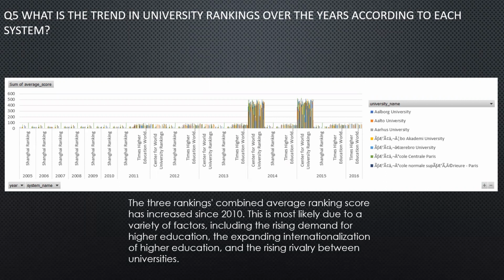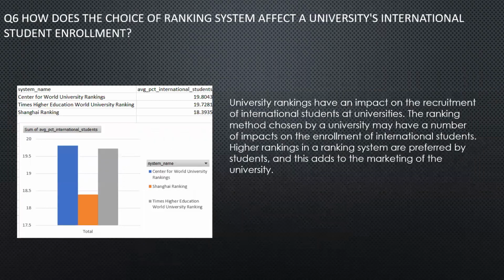This has risen, and this visual also has filters according to the year or ranking system name. If we want, we can filter for a year, or for a system name, or we can use both. Moving on to the sixth one.